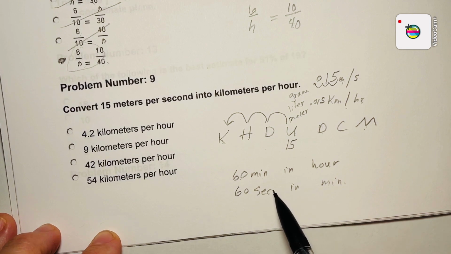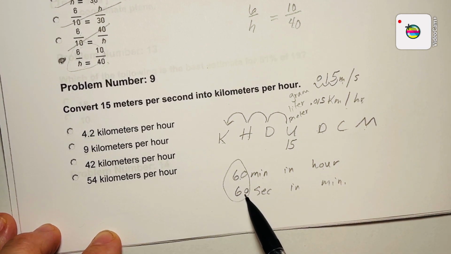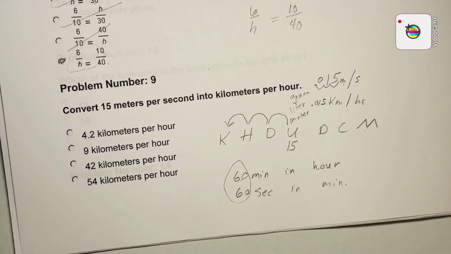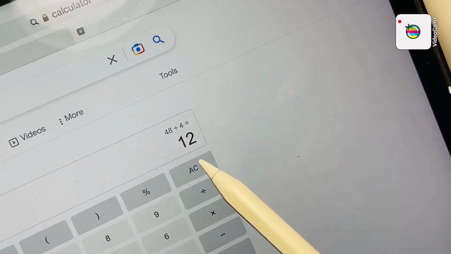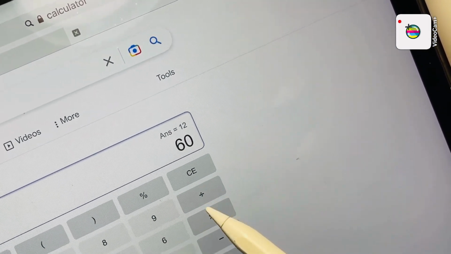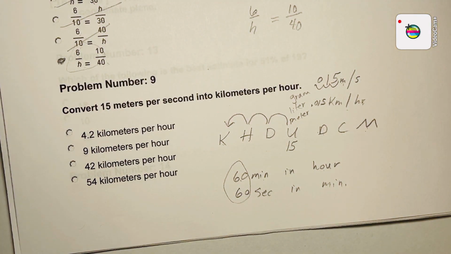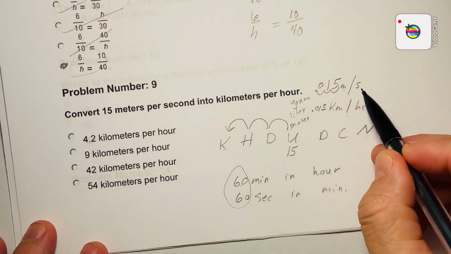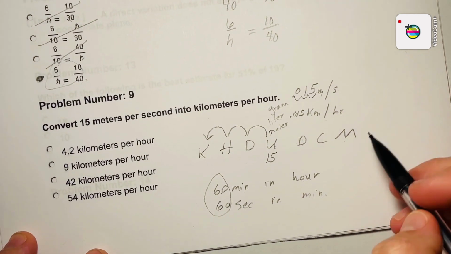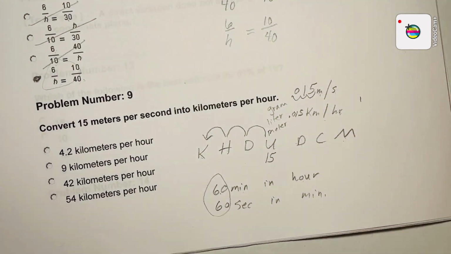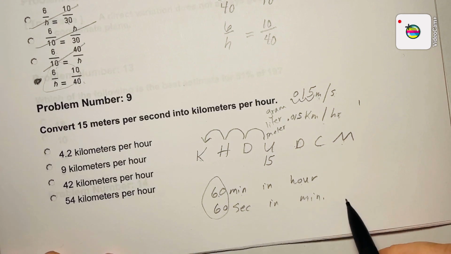So to figure out how many seconds are in an hour, we have to multiply 60 seconds times 60 minutes, which is 60 times 60, 3,600. So there are 3,600 seconds in 1 hour. Oh, I didn't write that down.